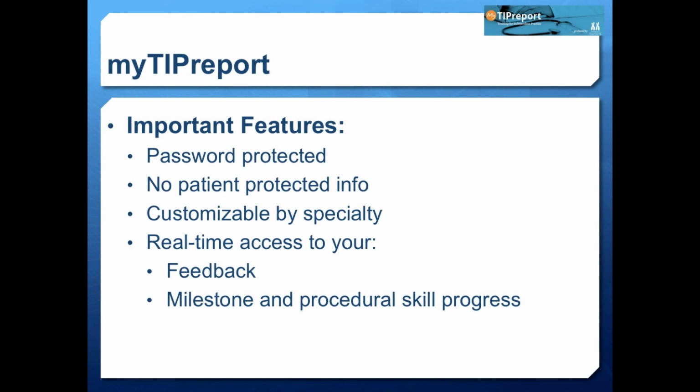Important features of the program include password protection, no patient-protected information entered into the program, customization to the specialty, and allowing for real-time access to feedback and milestone and procedural skill progress.